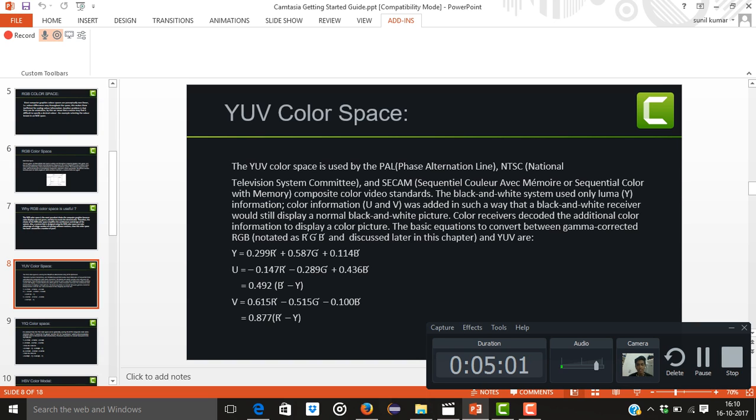Color receivers decoded the additional color information to display a color picture. The basic equation converts between gamma corrected RGB and YUV. There are some corrections where Y has a different value, U has a different value, V has a different value. By this we can calculate the values of YUV.